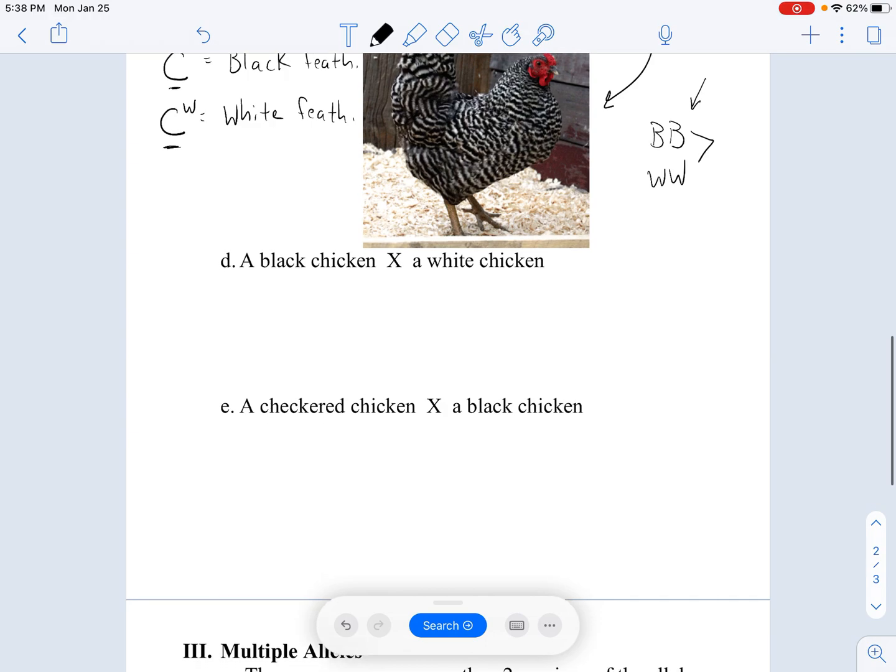So if we were to cross a black feathered chicken and a white feathered chicken, we'll do our Punnett square. C^B C^B, C^W C^W.